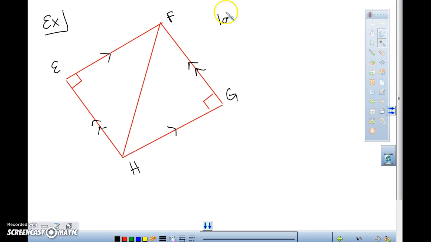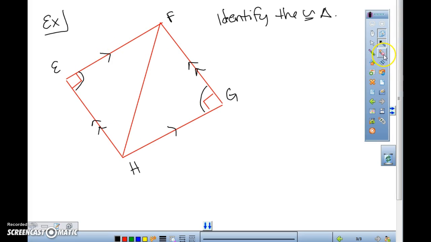All right, this time we're going to identify the congruent triangles. We're going to make a congruent statement. So please draw your figure. And they're both 90s. Parallel lines.